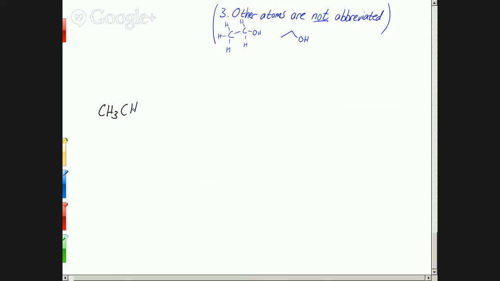So this is going to be that first type of condensed formula, and I'm going to ask you to draw a line structure for it. If it helps you to first put this in more of a Lewis structure form, or just put the carbons in a row in the right way first, that's fine. The goal is to ultimately get this in one of those line structures that just has the zigzags.